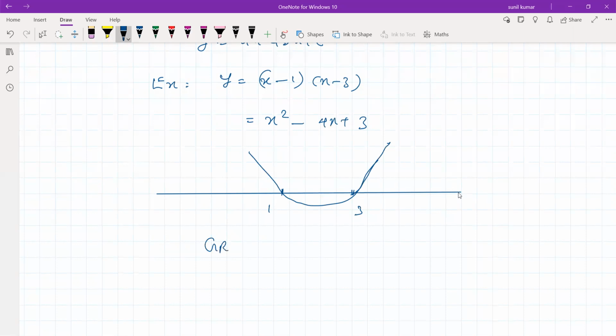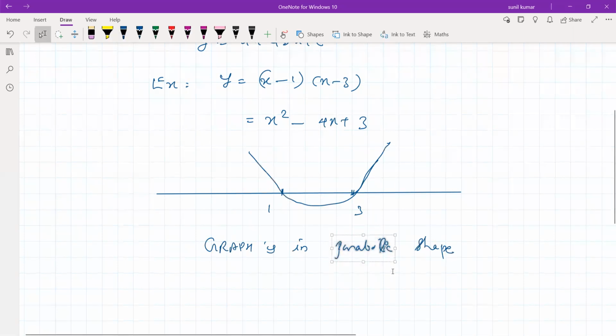The graph is in parabolic shape. So y equal to x minus 1 into x minus 3, x square minus 4x plus 3.